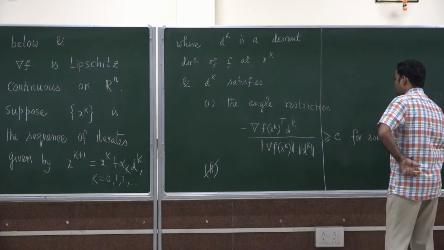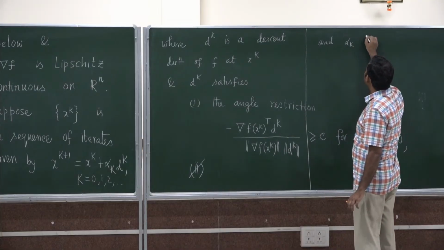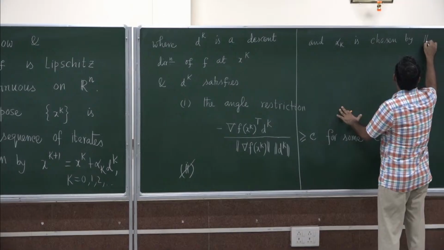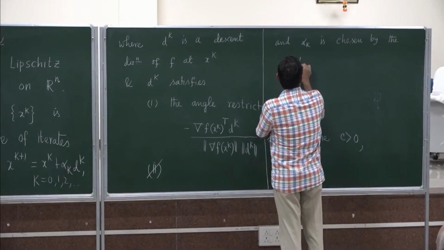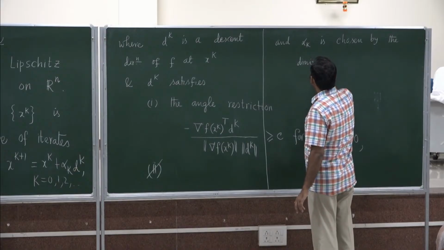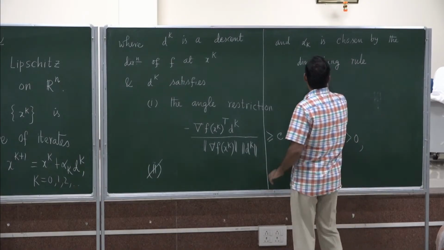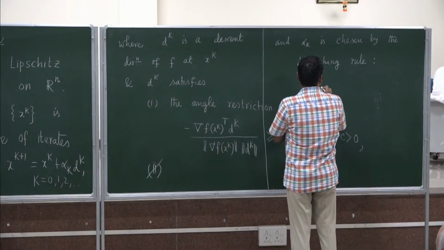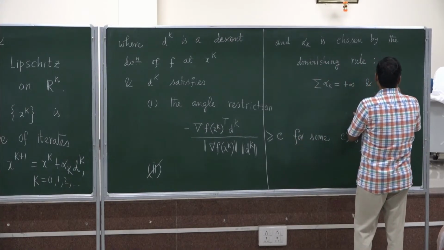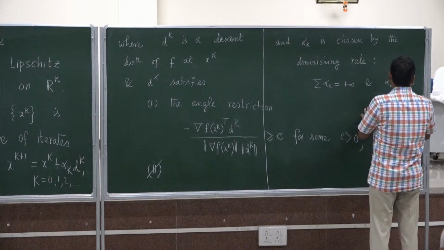And the step length alpha_k tends to 0 as k tends to infinity.